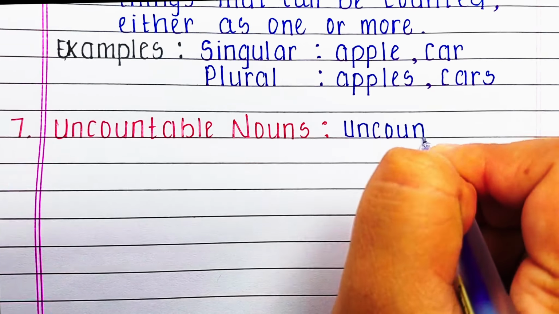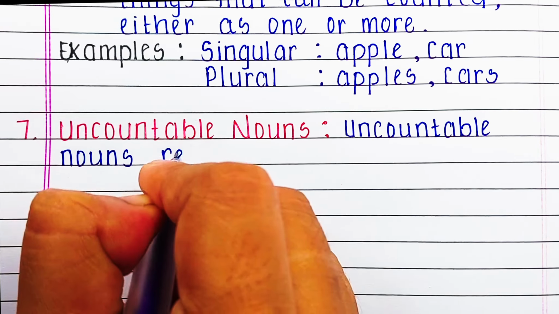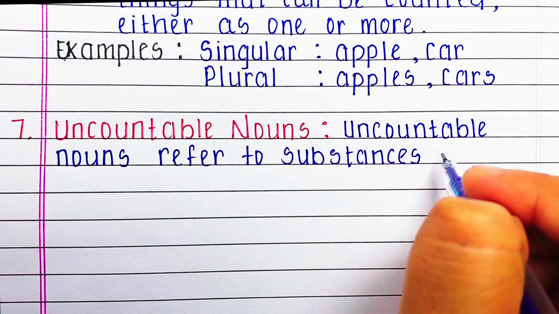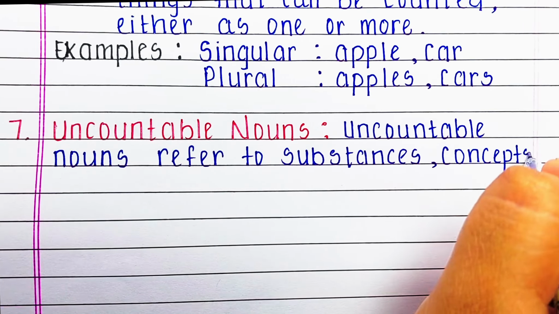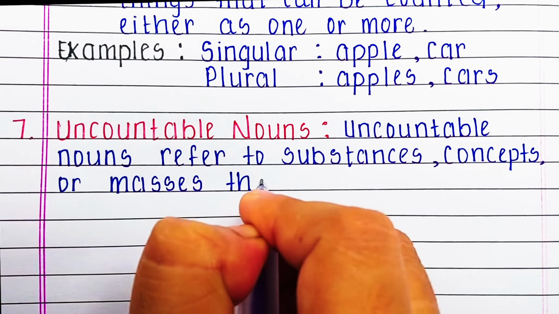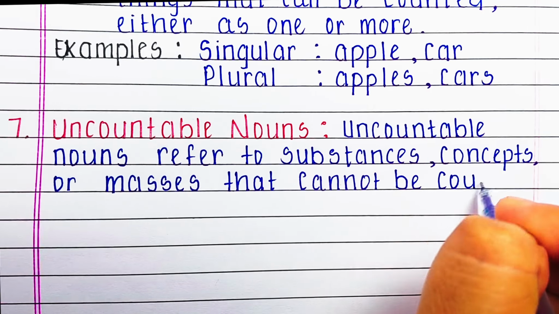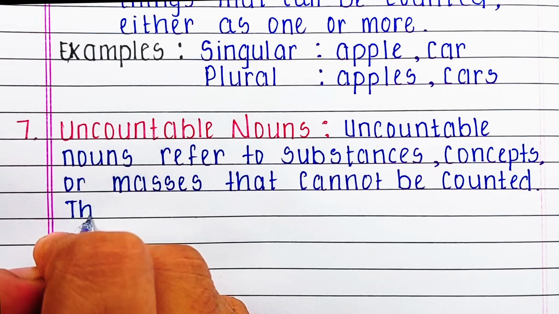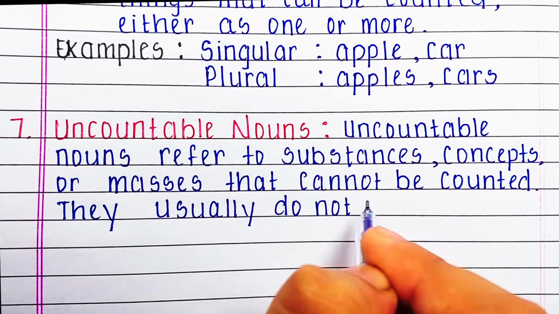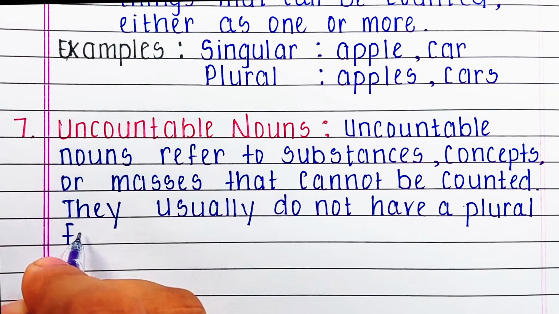Next is uncountable nouns. Uncountable nouns refer to substances, concepts, or masses that cannot be counted. They usually do not have a plural form.